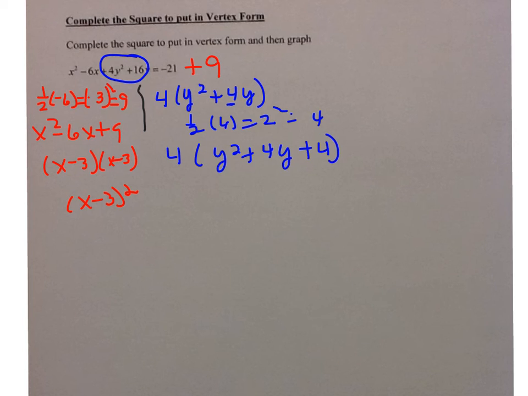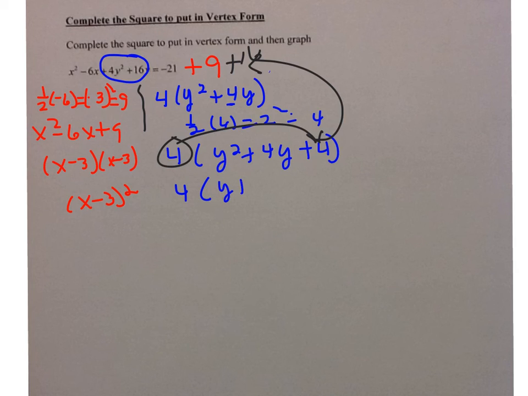Now, since I have this number on the outside, I don't add 4 back here. Because of this 4 on the outside, I have to multiply that by 4, which is 16, and then that gets added to that side. So this becomes 4 times (y plus 2) squared.